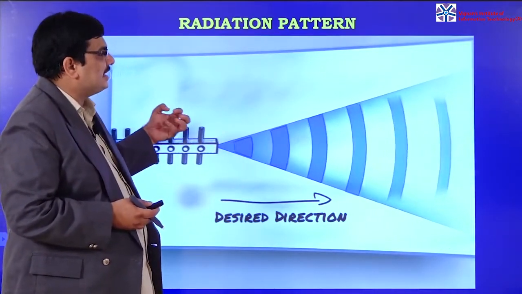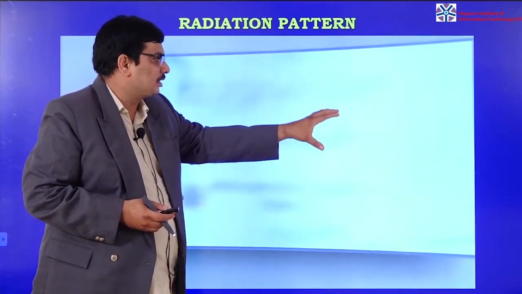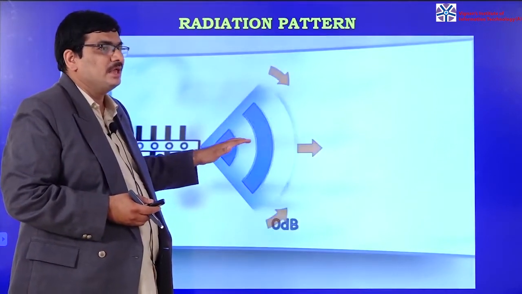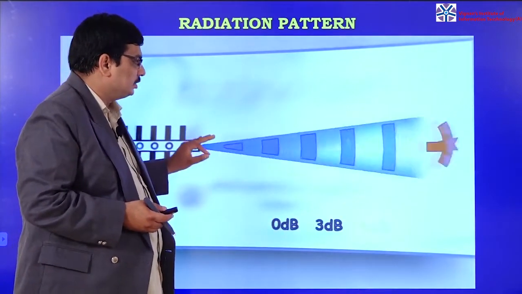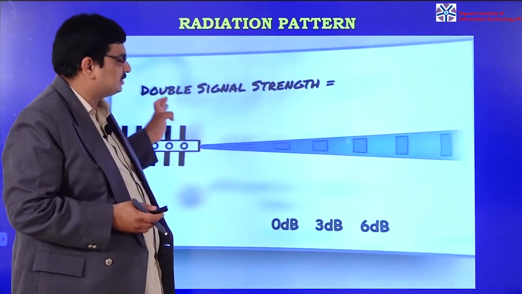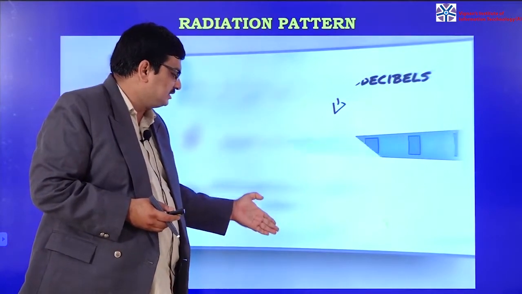As your gain increases, your beam narrows in a particular direction. Due to this narrowing, your gain increases. For a half wave dipole, it is 0 dB.